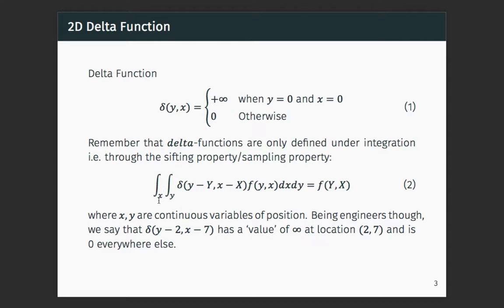I say that the integral over x y of delta of y minus capital Y, x minus capital X, times f of y x, is your sample at that position. So nothing new there, just in the slides to remind you of the notation, all right?